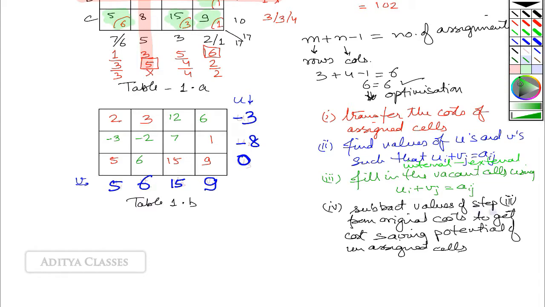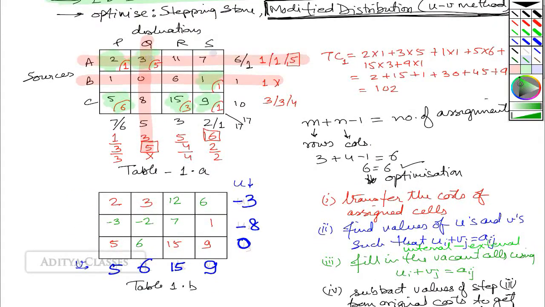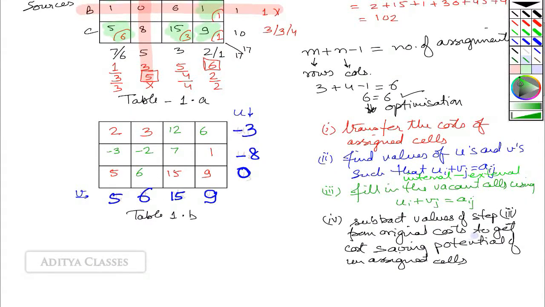Next step is subtract values of step 3. These are the values of step 3. Subtract values of step 3 from original costs. These are my original costs. Subtract the values of step 3 from original costs to get cost saving potential of unassigned cells.